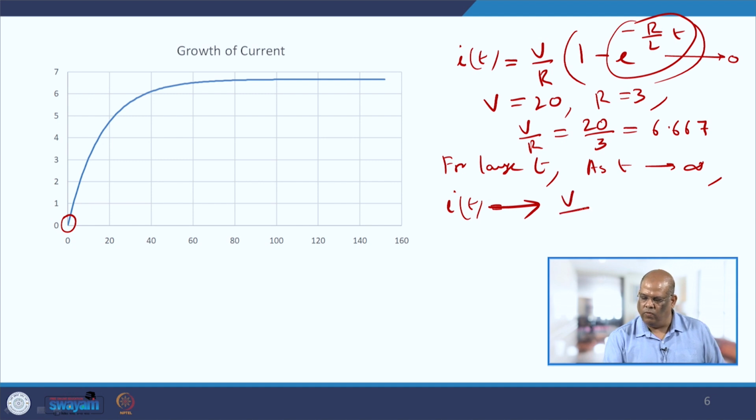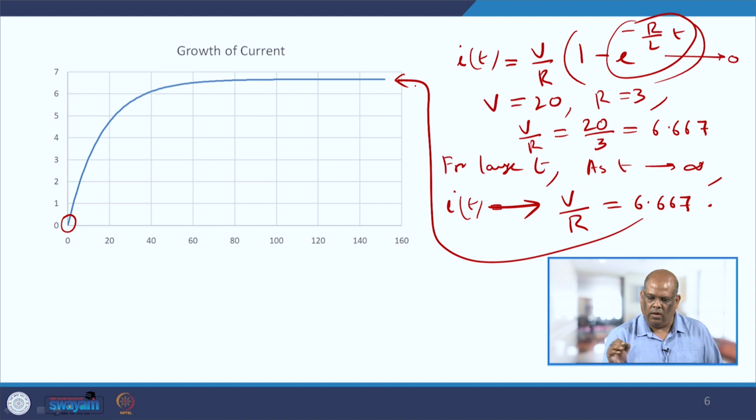So I(t) tends to V by R, and the value of V by R is 6.667. This is now confirmed by the numerical solution represented in the graph. You can see that the value it tends to as time becomes large is approximately equal to 6.667.